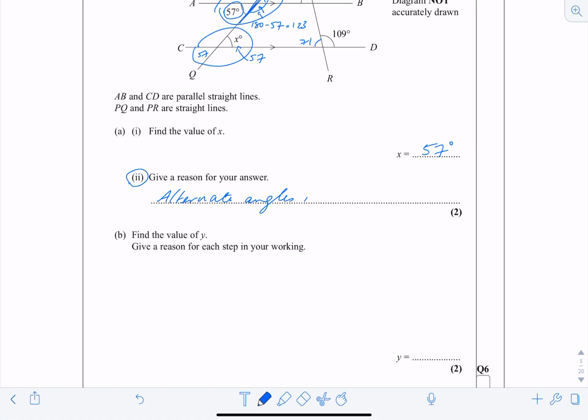Alternate angles in parallel lines. Okay, we've got Z angles are the same, corresponding angles or F angles, and complementary angles.